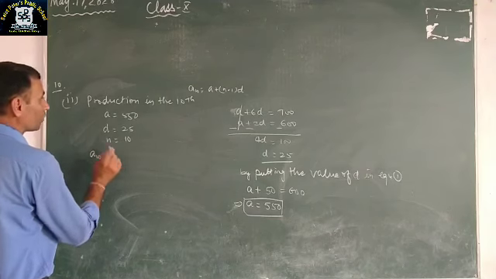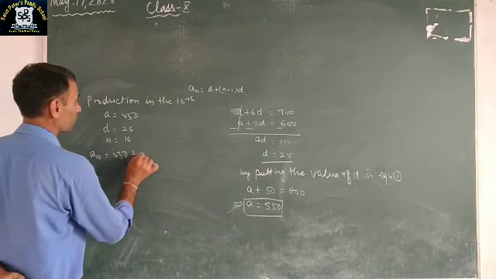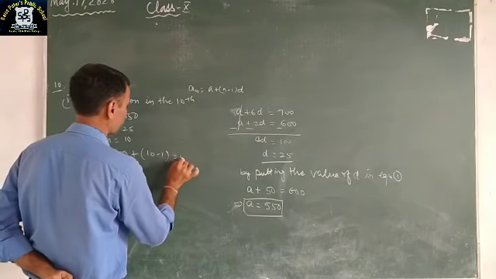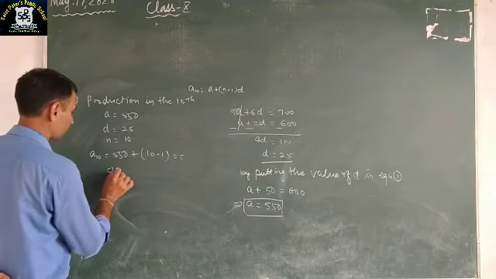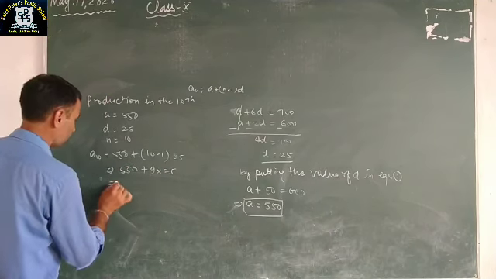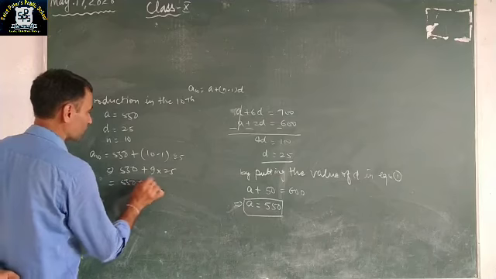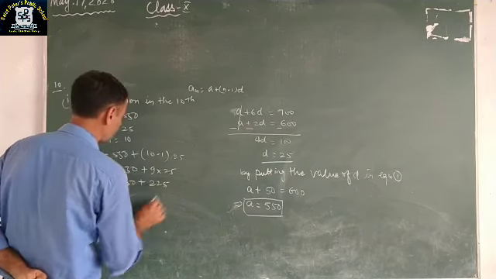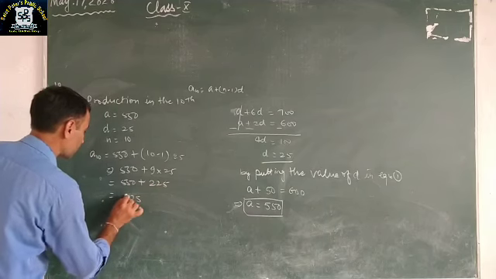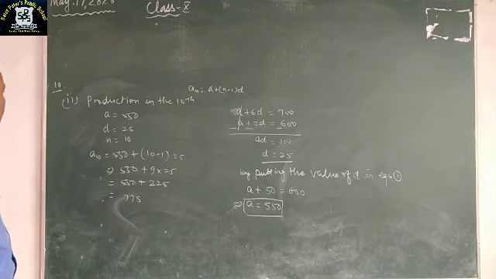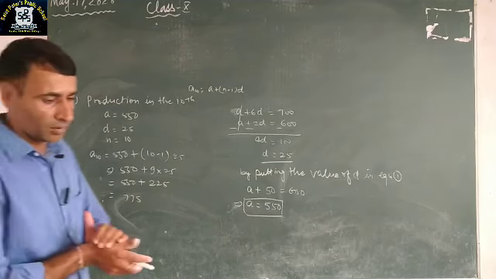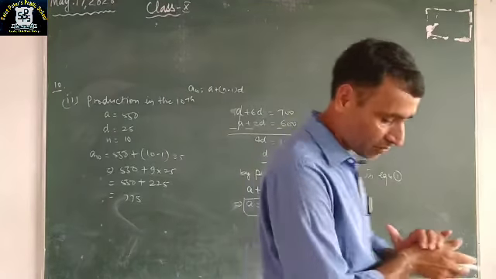So A10 will be equal to 550 plus 10 minus 1 into common difference, it's 25. It's 550 plus 9 into 25, it's 225. So 5 plus 2, 7, 5 plus 2, 7, 775. It's the answer of the second part, the production of the 10th year, and it comes 775.